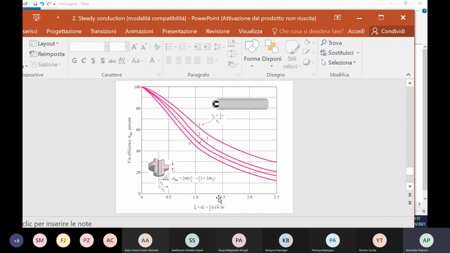Otherwise, if you buy a finned pipe with this geometry, together with your technical sheet, you can find this type of graph. If you have a different shape, you find your own graph.